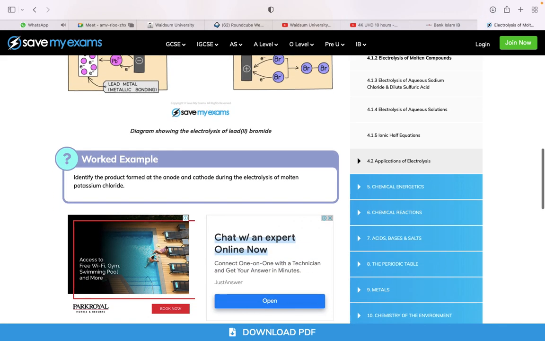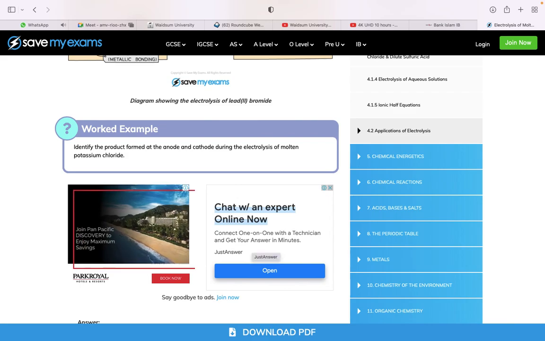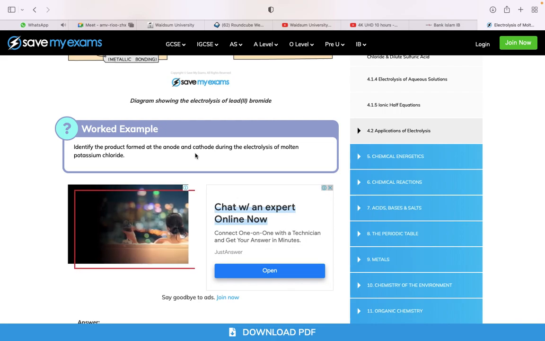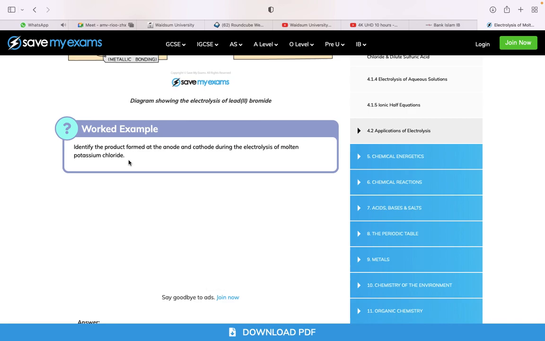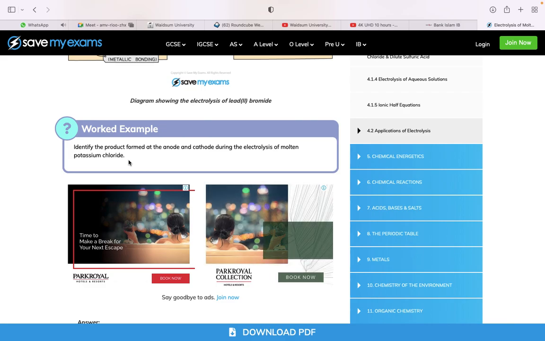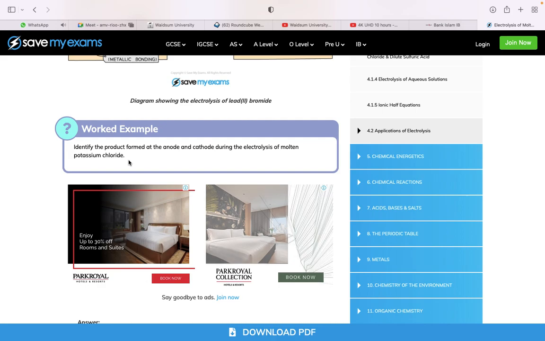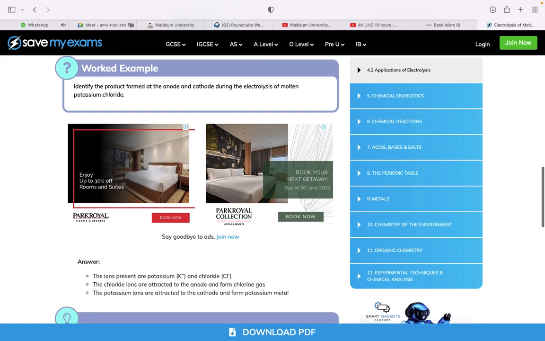Okay. Now here is a question. Identify the products formed at the anode and the cathode during the electrolysis of molten potassium chloride. What we've done is lead bromide. For molten potassium chloride, what will be formed at the anode and what will be formed at the cathode?